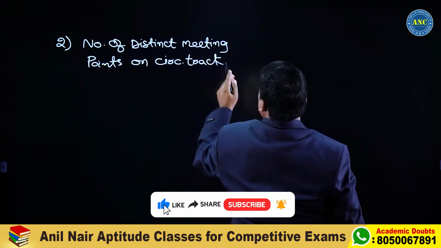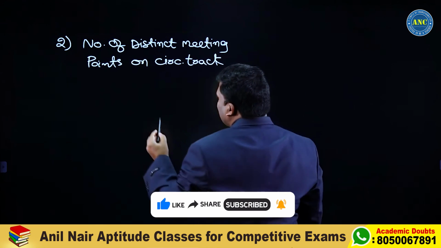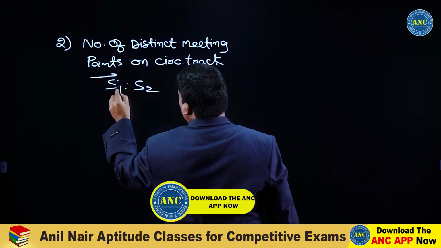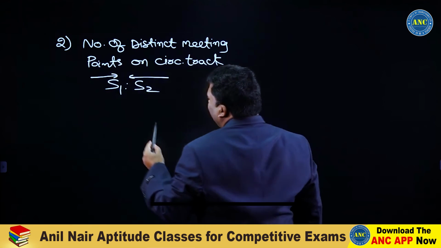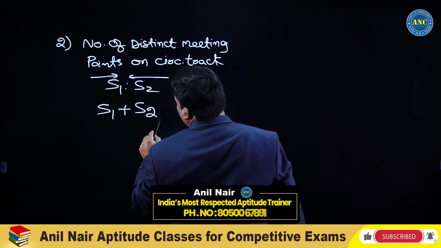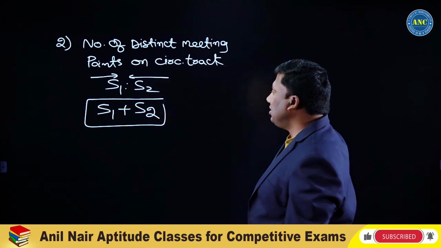In the same direction, what did we get? S1 minus S2. Because two bodies are moving in the opposite direction, if it is moving like this and this moving like this, opposite direction, number of distinct meeting points is given by S1 plus S2. If it is same direction, S1 minus S2.